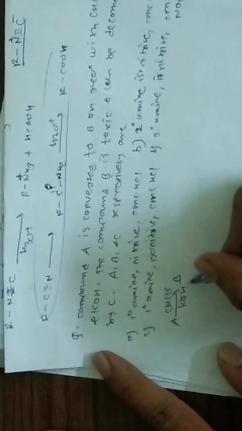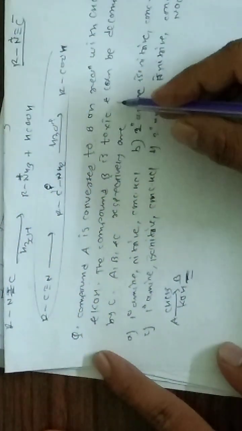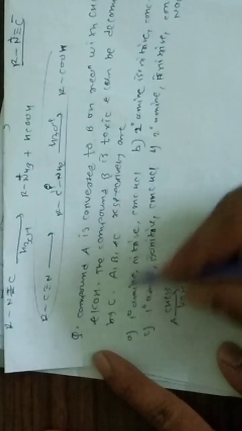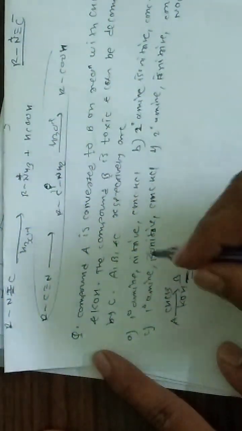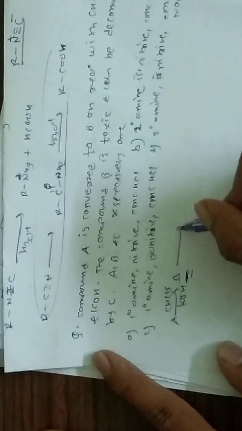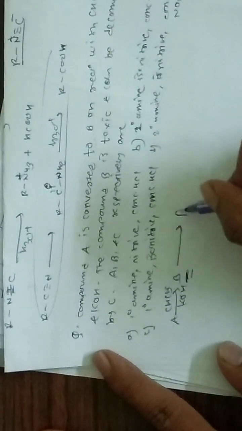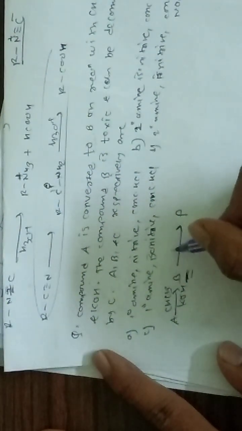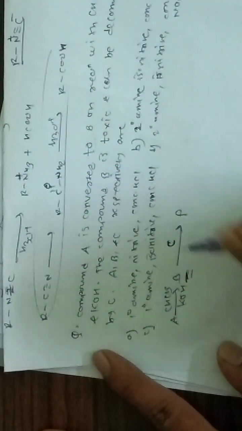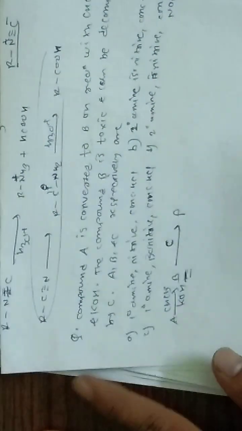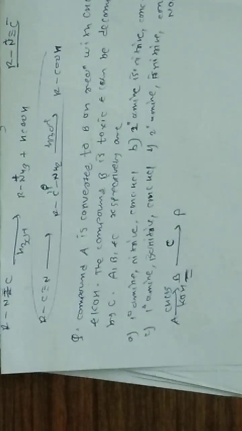The compound B is toxic and can be decomposed by C. Decomposed by C means it will give some product, let's say P, and the reagent is C. And then what are A, B and C?